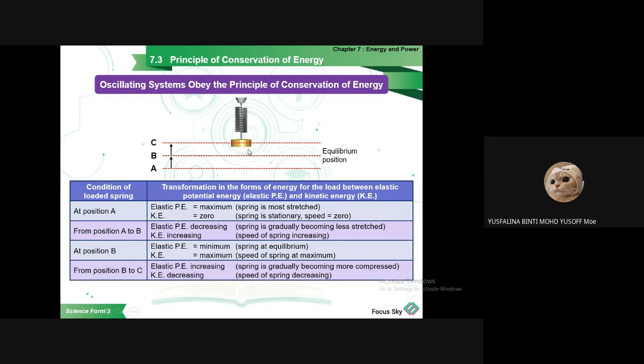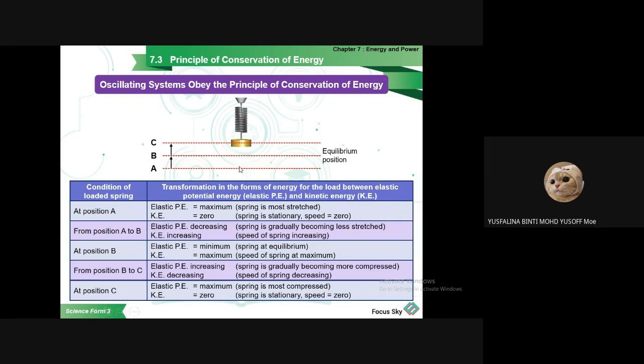So at point C, we have the highest elastic potential energy. At point C, all the energy has changed to elastic potential energy, and the KE becomes 0. So that is the change of energy at point C.